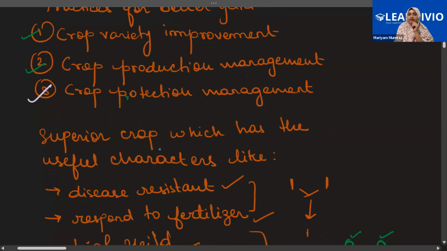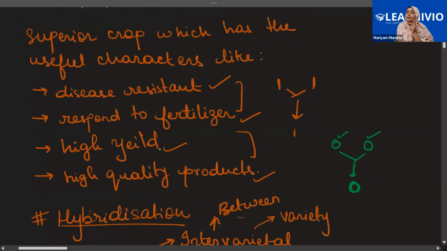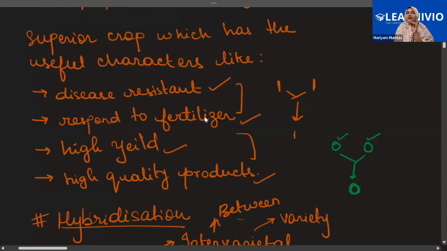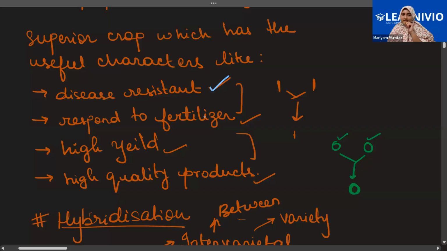Now we know how to create a crop with a superior variety. So, a superior crop which has useful characters. What do we mean by a superior crop? A superior crop is a crop that has the best qualities in terms of endurance. For example, it would be disease resistant, meaning it will not catch disease easily.